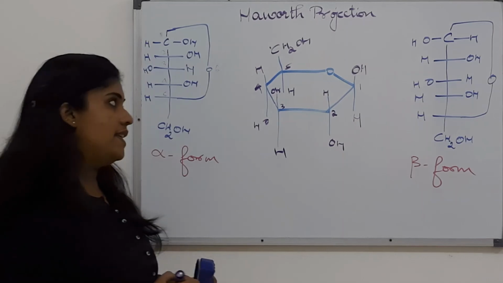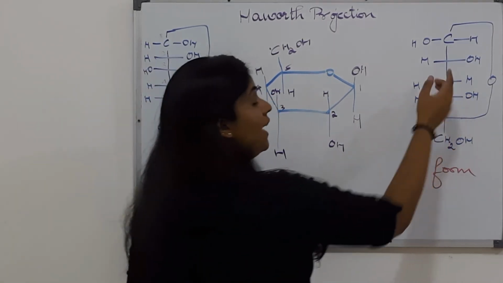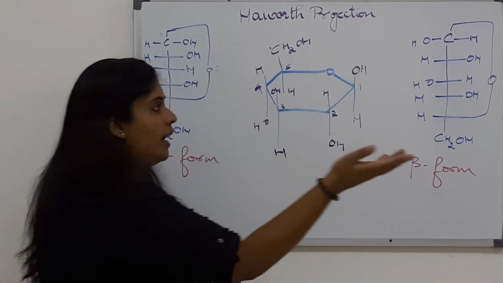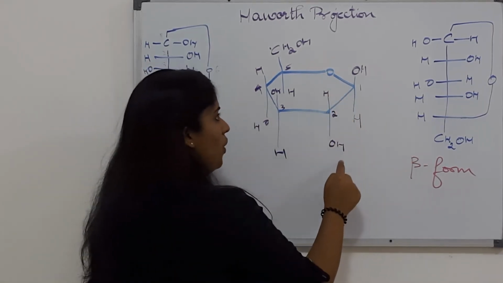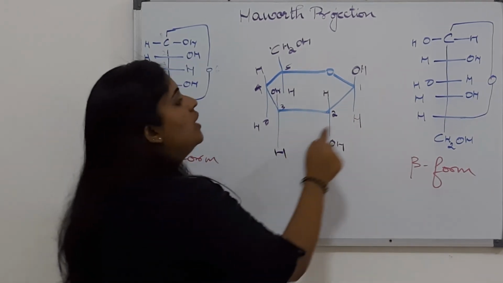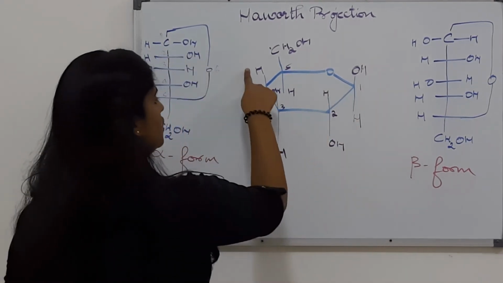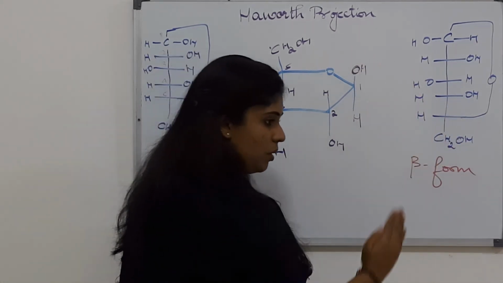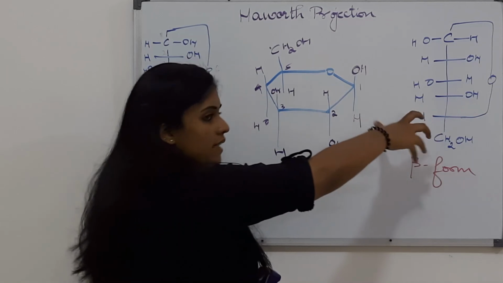Apart from that, for the second carbon atom, H is on the left, OH is on the right. So it's H on top, OH at the bottom. For the next one, OH on top, H on bottom. Then for the fourth carbon atom, H on top, OH at the bottom. And this one, since the CH2 is pointed downward, we have to rotate it and see.